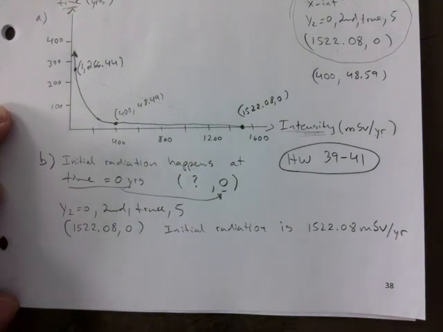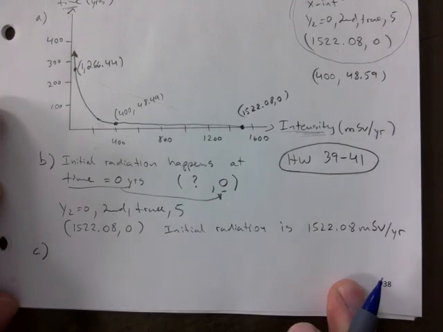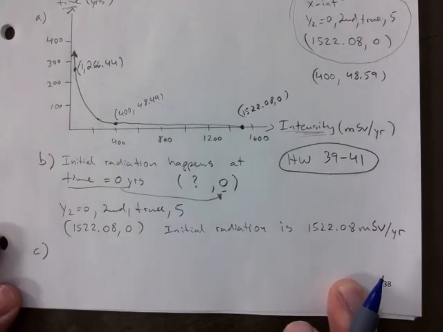Oh, was this B? What's the exact initial? Okay. C. How long is it required? That's not my question. I actually took this off of someone else's worksheet. But what time is required to achieve half the initial radiation level?